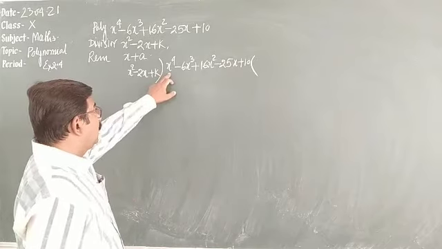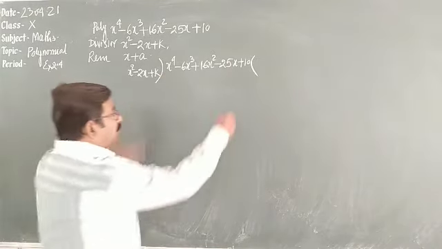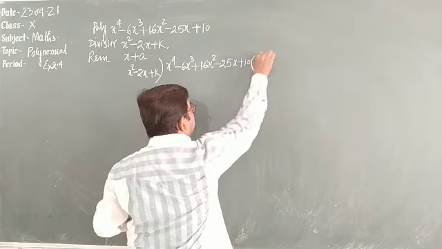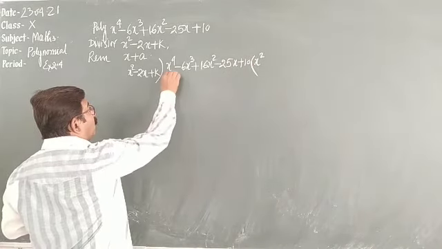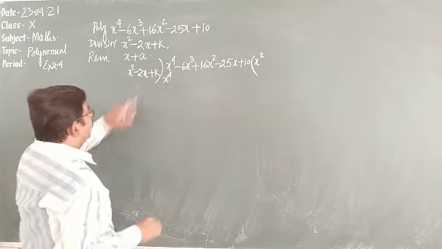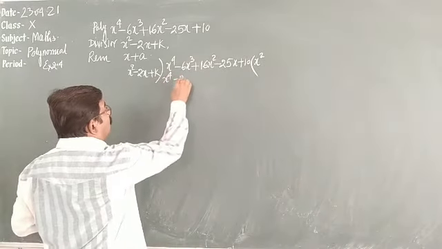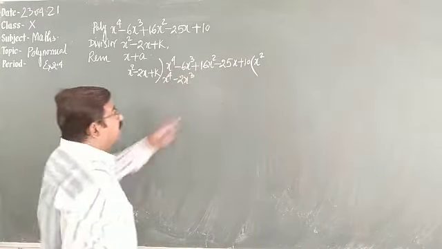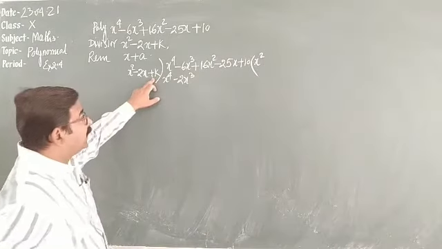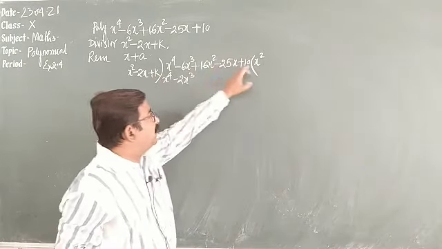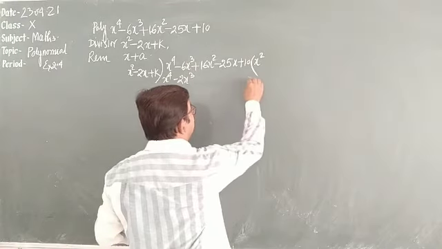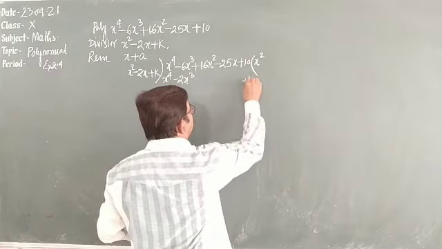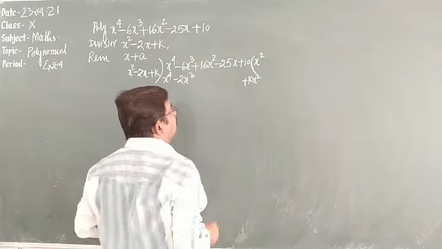So this is x to the power 4. Here we have x square. So x square times. See, x square into x square is x to the power 4, and x square into minus 2x is minus 2x cube, and x square into k is kx square. Kx square is not in these terms, so we will write it separately, plus kx square.